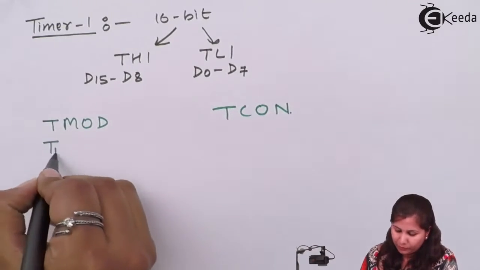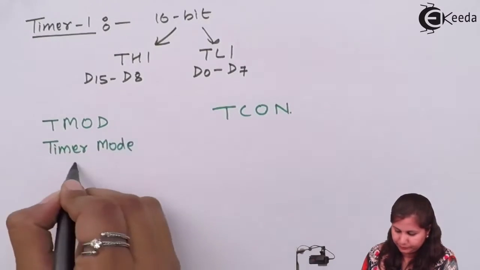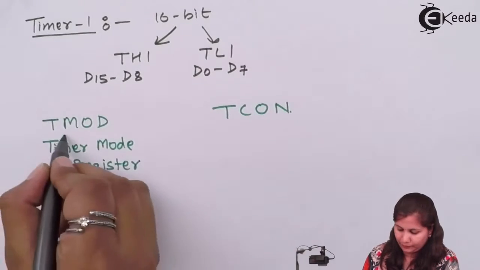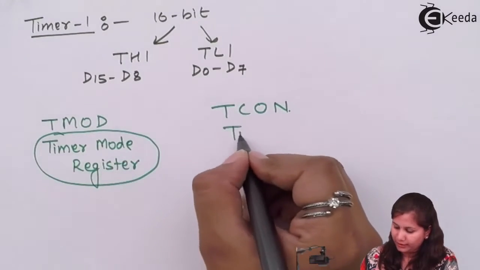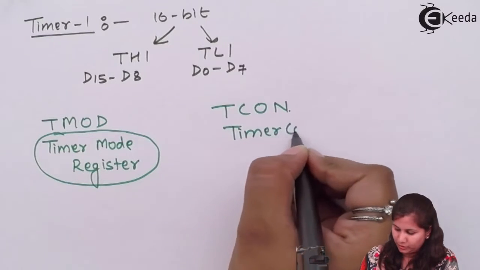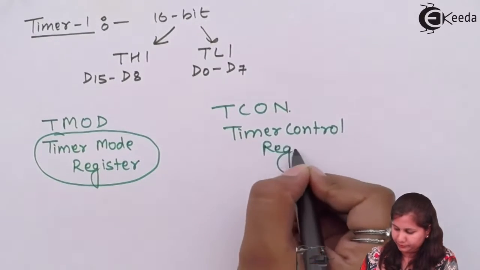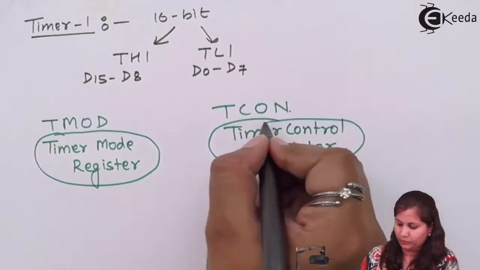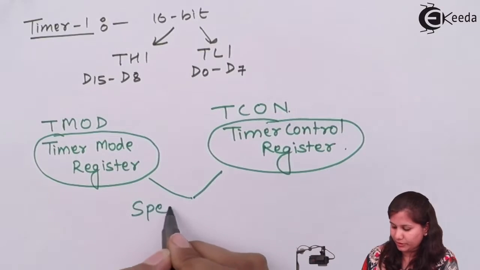This is for timer mode, the timer mode register, and this is for timer control register. And these two are the special function registers.